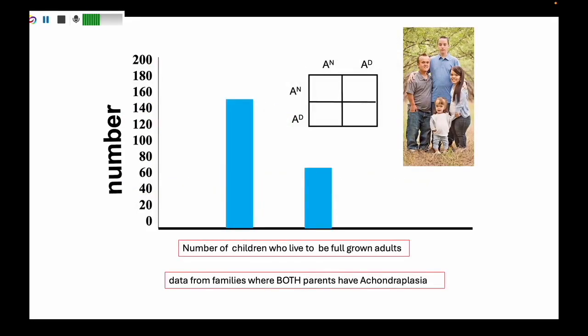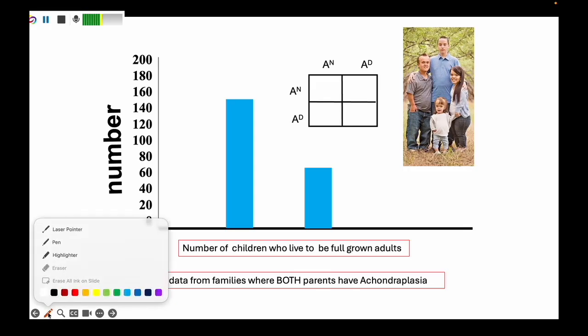Okay, so if you gather data then from families like this, and you get the height phenotype of the adult children, you'll get numbers that would be something like this. Now these are hypothetical but realistic numbers. So we'll see that there are two phenotype categories.